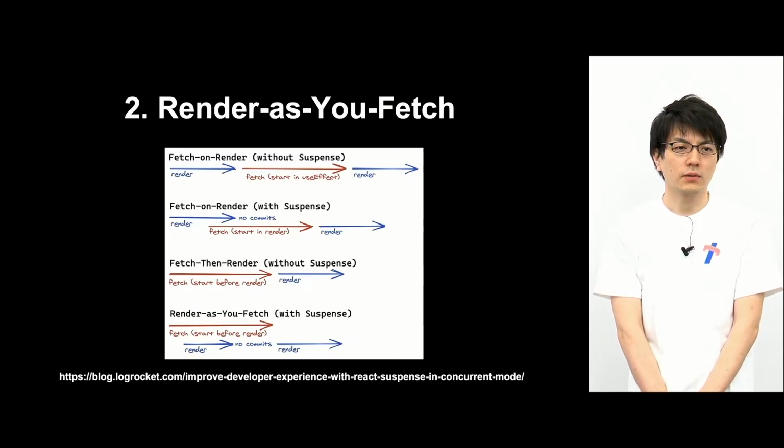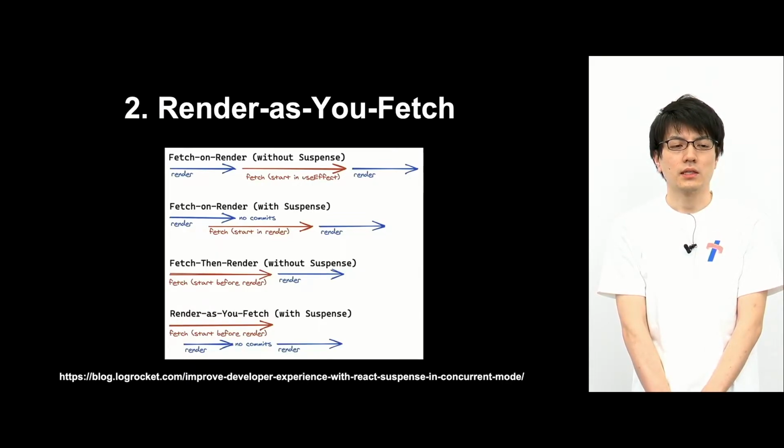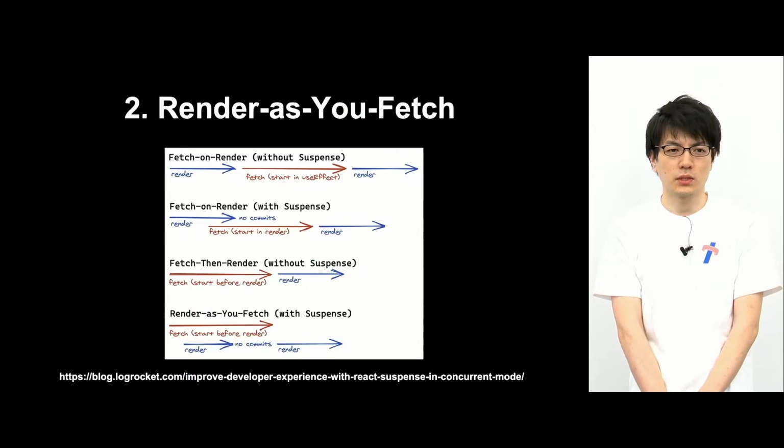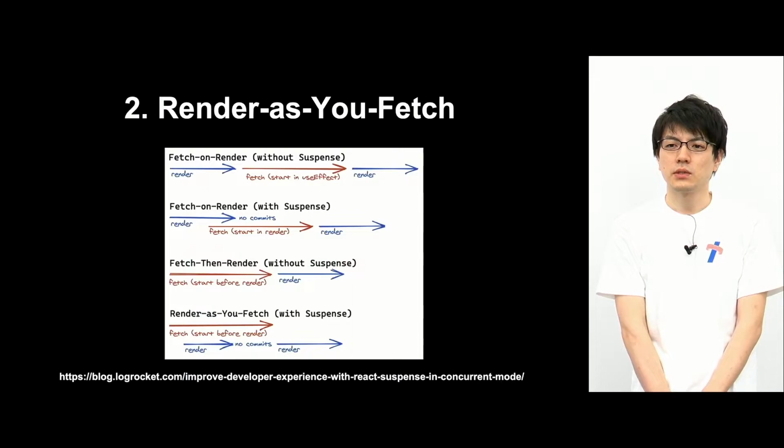Render as you fetch, as you can find here, compares to fetch then render. We can quickly fetch the data and we can render it faster. And then an appropriate fallback can be displayed. That's the advantage of render as you fetch.